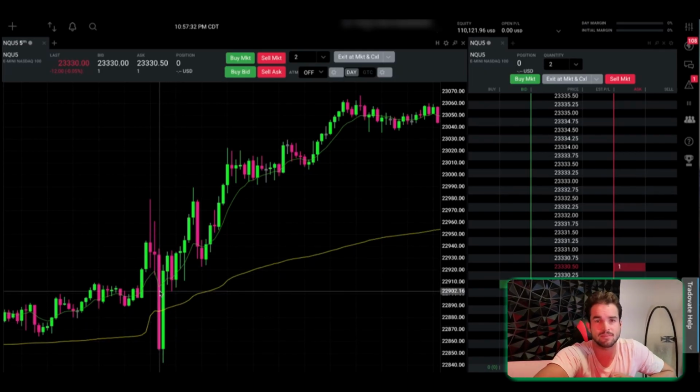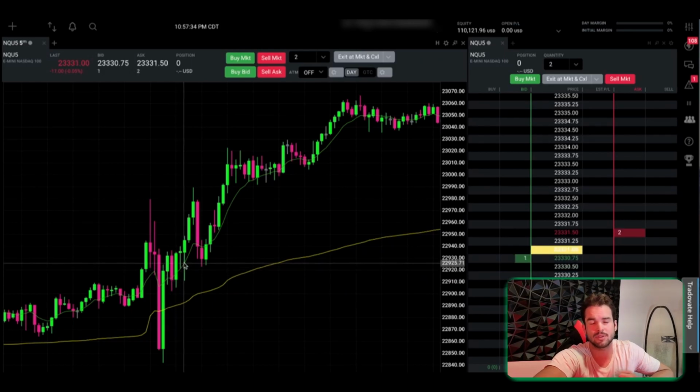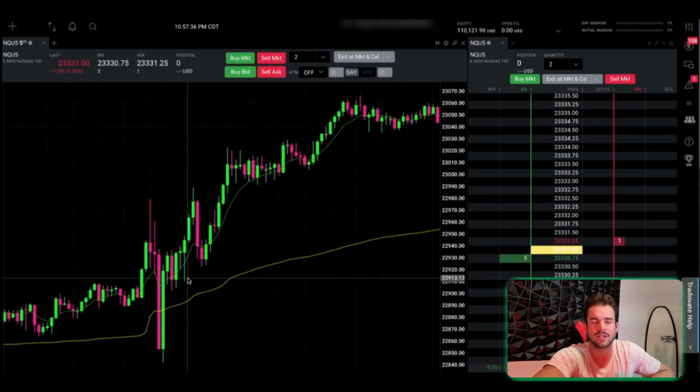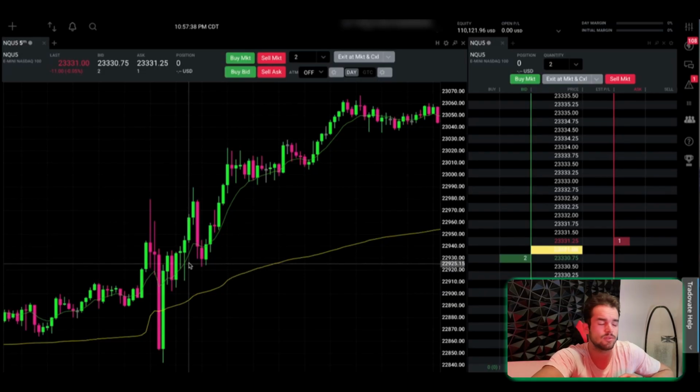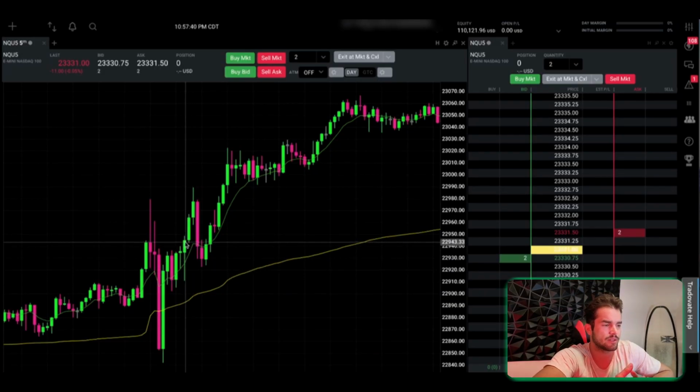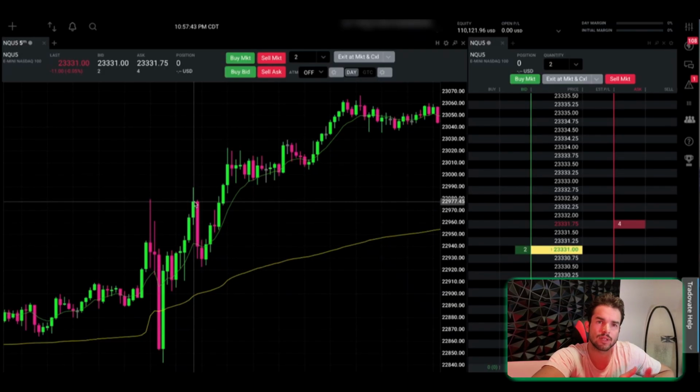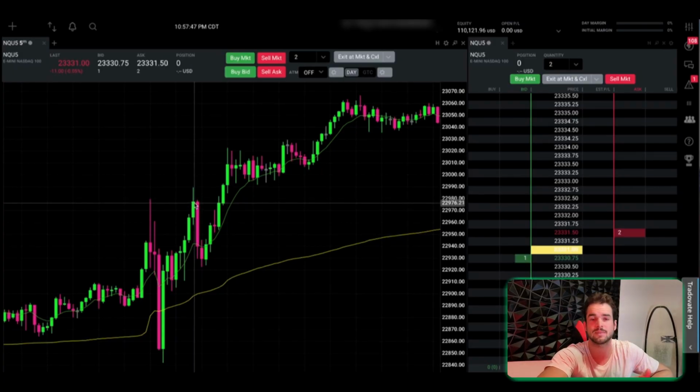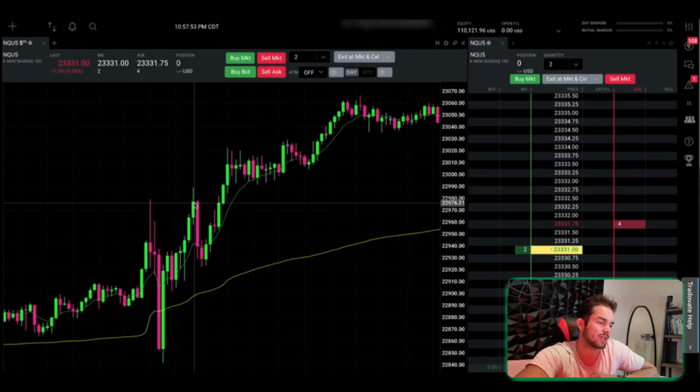So with futures, right, you don't have to be in a trade for a long time to make a lot of money. Right now I'm trading about 2 to 3 NQ. So I like to enter with about 2 contracts for my beginning size. And then if I see that it's going my way, I like to add. I do like to scale in and scale out. So I did enter here.